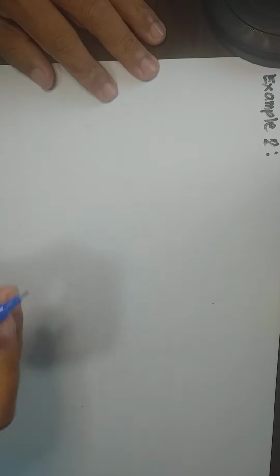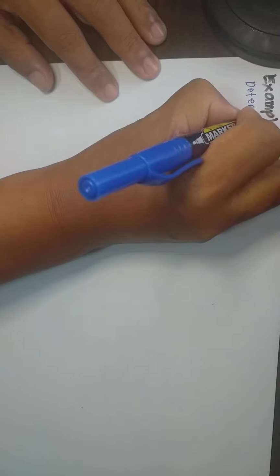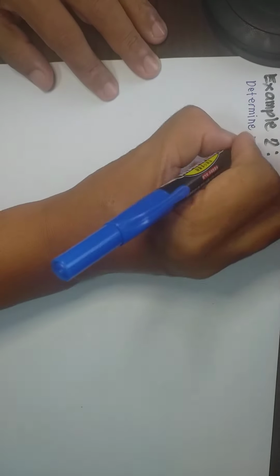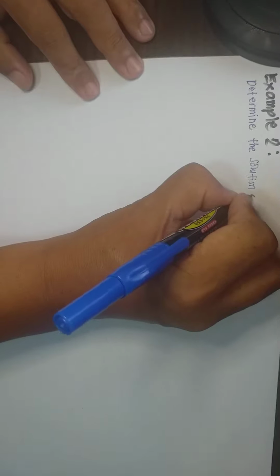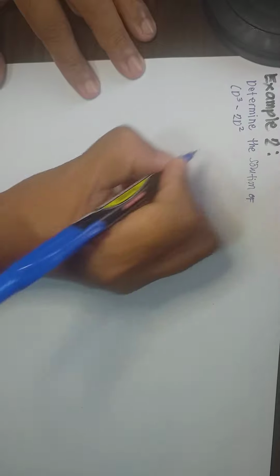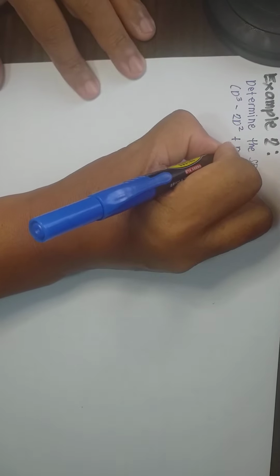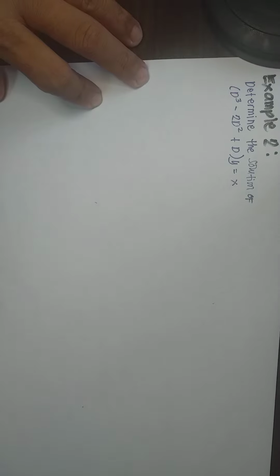Determine the solution of d cubed minus 2d squared plus d, y is equal to x. Let us use the blue pen.